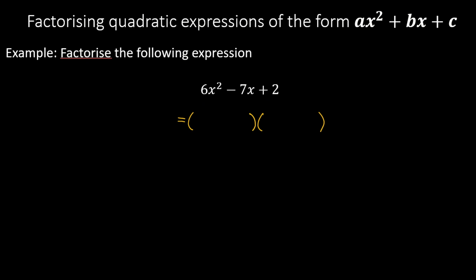Then we draw our magic X. We start with the leading term, which is 6x squared. We consider only the coefficient, which is 6, and the last term, positive 2. We multiply them to give positive 12.